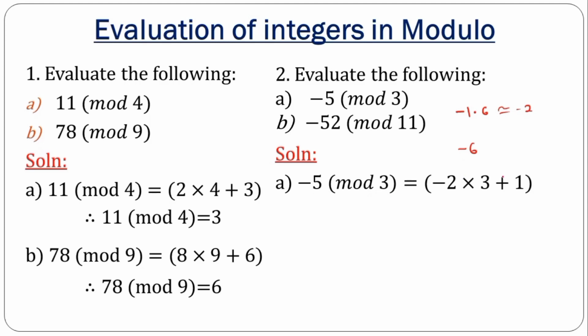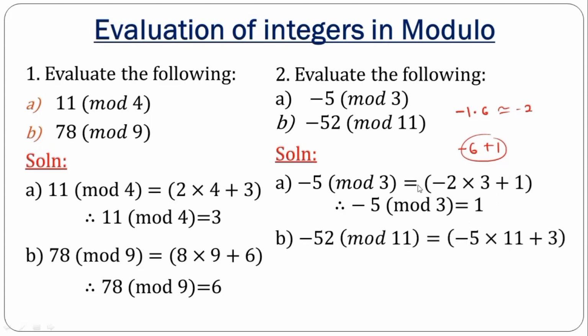The reason we are doing this is that your remainder must be positive. It can't be negative. You can't divide this and say you are getting minus 1 and the remainder is minus 2. No, it has to be positive. If I add 1 to minus 6, I will definitely get minus 5. And that gives us our solution as positive 1, which is the remainder here.